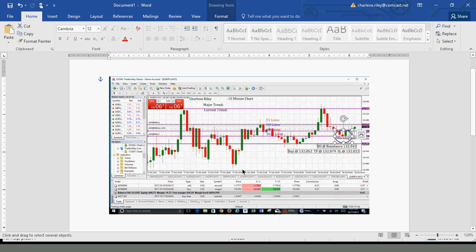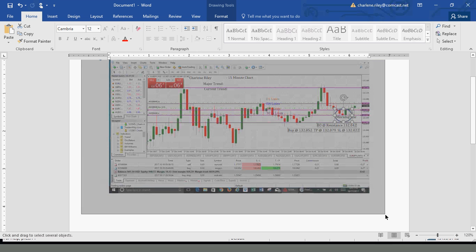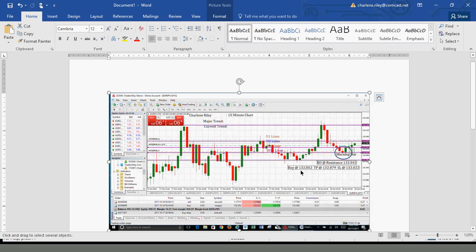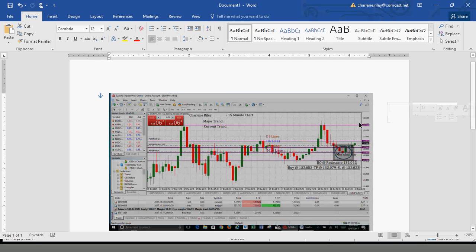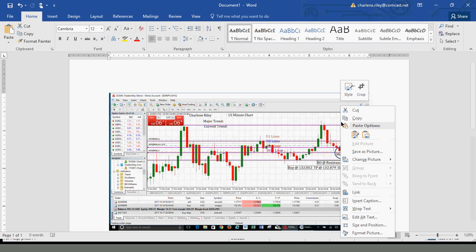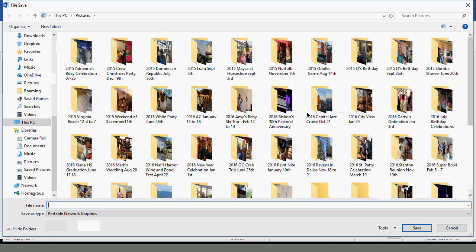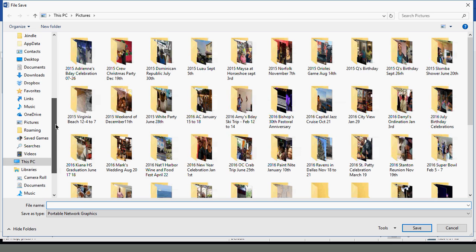And now both items should be, no, they're not. All right, well, okay, so now it looks like both of them are selected, and then you say save as a picture. And let me put this in my GGFX.